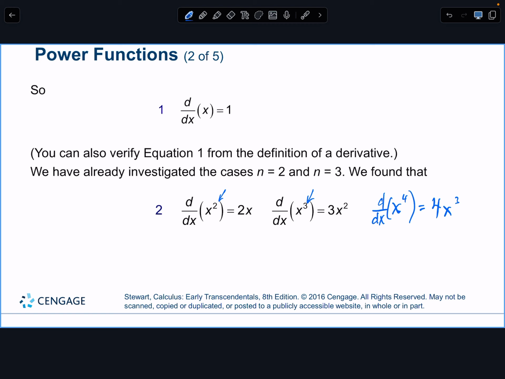As we take the derivative, it lowers by 1. So two things happen. The original exponent comes in front, becomes a coefficient, and the exponent lowers by 1, yes.